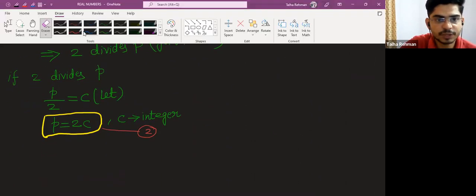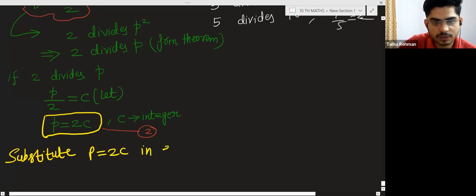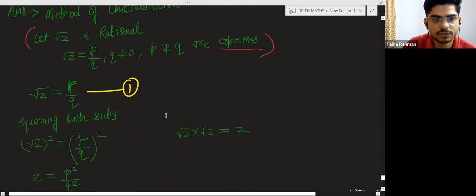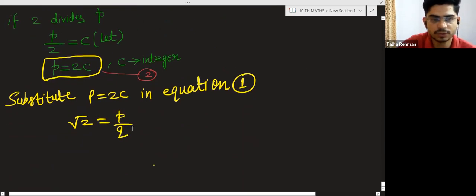Now what I am doing, substitute P equal to 2C in equation 1. What is equation 1? Equation 1 is root 2 is equal to P upon Q. Instead of P, I am writing 2C. So this will become 2C upon Q.